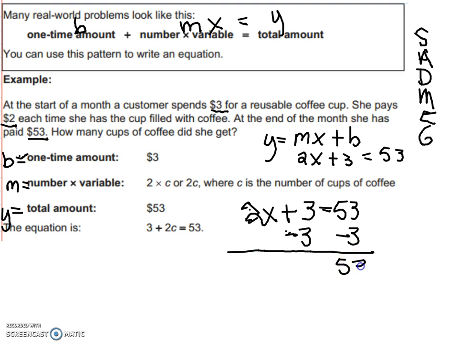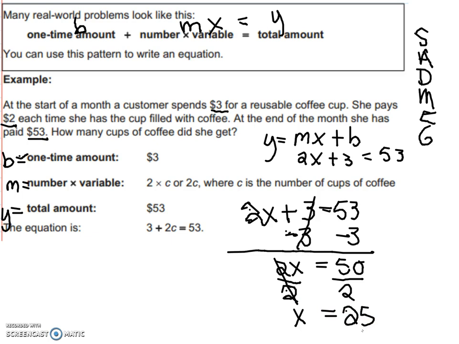Okay, I subtract. This cancels out. The 2 and the x are multiplying. The opposite of multiplication is division. So I'm going to divide. 53 minus 3 is 50. I'm going to divide both sides by 2. And x is going to be 25.